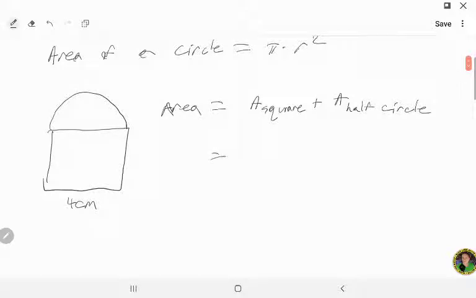Which we know is going to wind up being 4 centimeters times 4 centimeters plus 1/2 times pi times 4 centimeters.